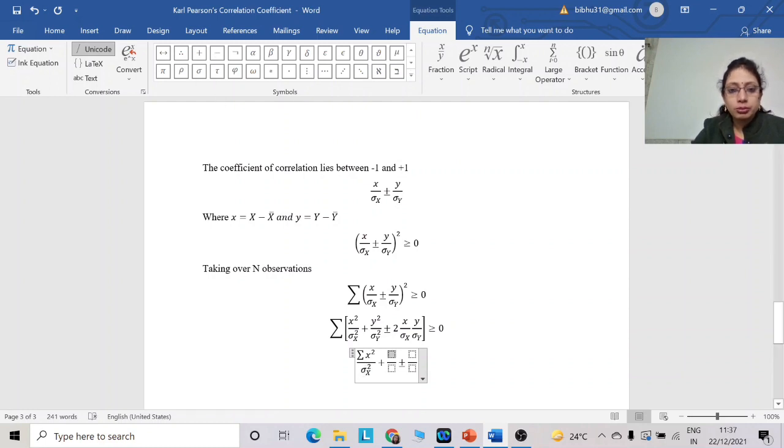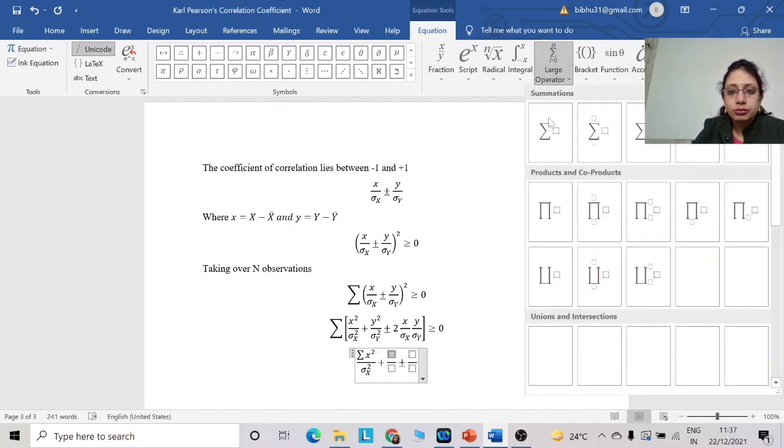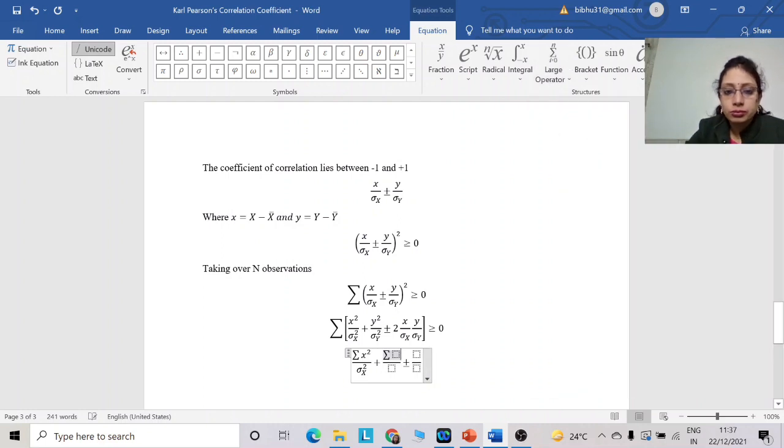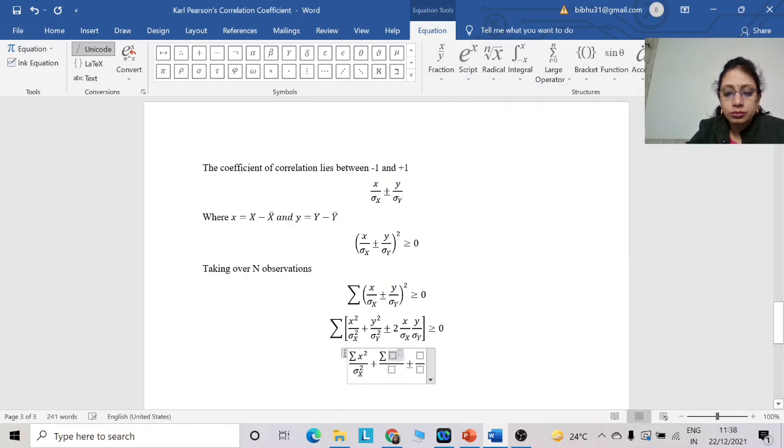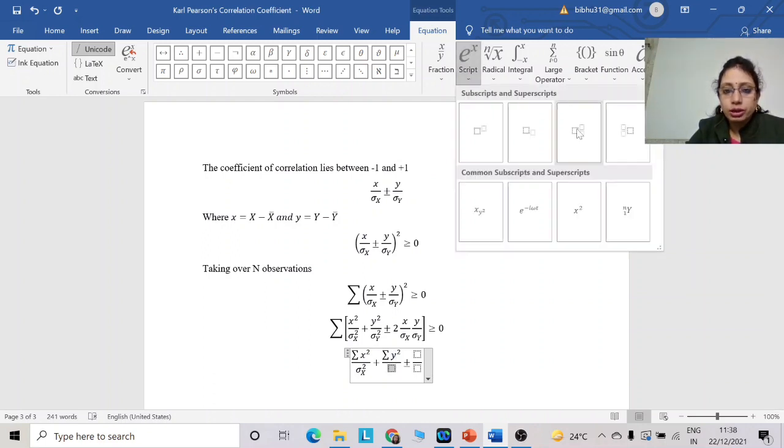Then summation y square, then here standard deviation of y whole square.